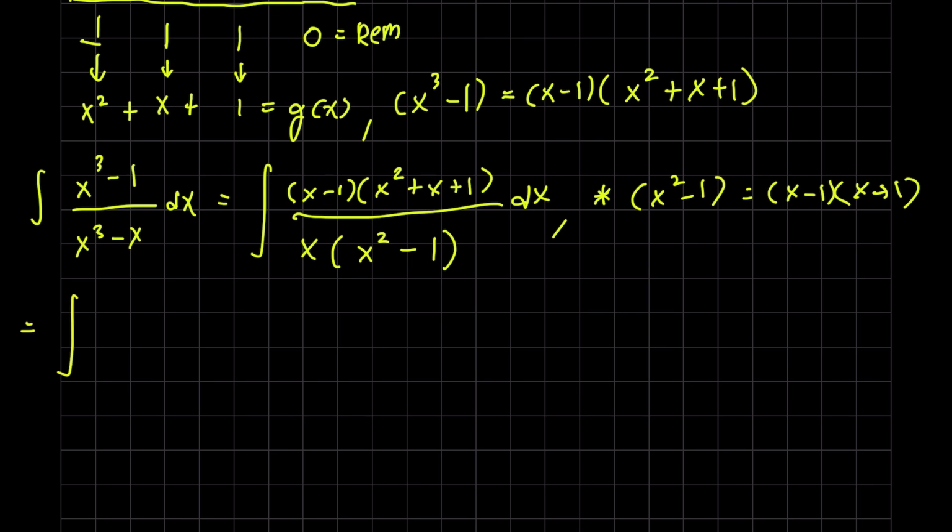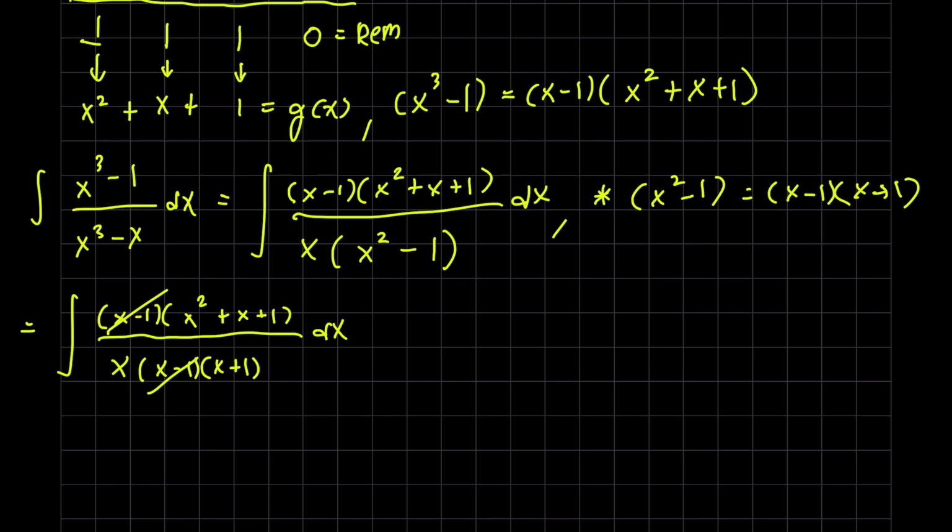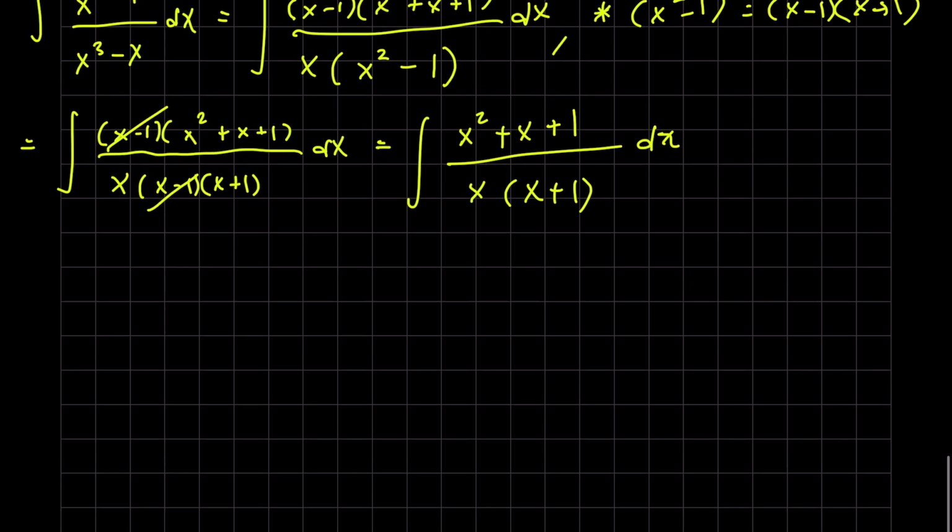So we have the integral of (x − 1)(x² + x + 1) divided by x(x − 1)(x + 1) dx. Notice that the (x − 1)'s end up canceling, so we're left with the integral of (x² + x + 1) divided by x(x + 1) dx.